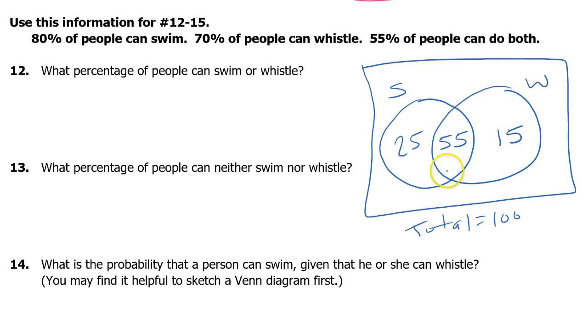So together, now we're showing 70% of the people whistling. But only 15 should be out here in this region. So let's see what's left over that needs to be in this outer zone. Right now we have 25 and 55 and 15.